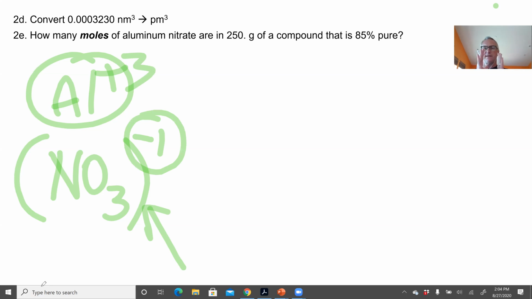So when I write aluminum nitrate as a compound, how am I going to write it, do you think? Aluminum nitrate. So how many atoms of aluminum and how many molecules of nitrate are going to go together to form this compound?